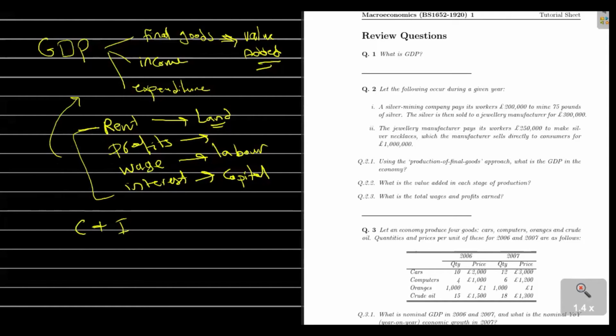Basically, we look at consumption expenditures by households and investment by firms, plus government spending, plus X minus M, or net exports, which is exports minus imports. This is the interaction with the outside world. So this is another way of thinking of GDP, or calculating how much GDP is. So what we want to do today, we have two examples.